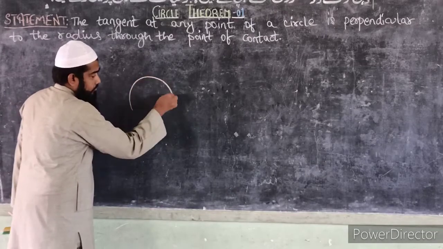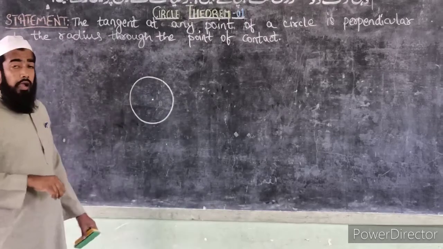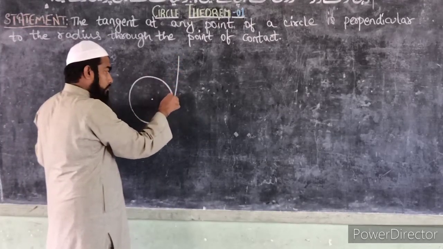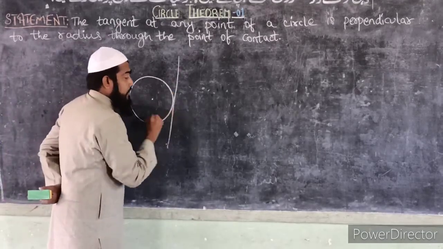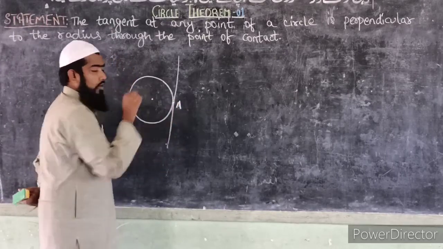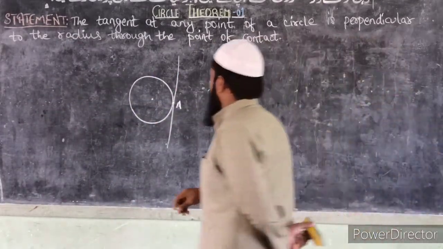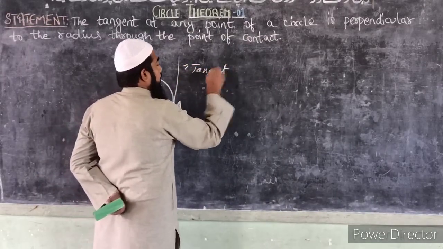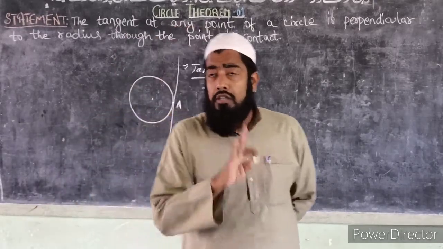If this is a circle here, and to this circle a line touches the circle at one particular point, then this line is called a tangent. So first of all you should know the meaning of the word tangent.